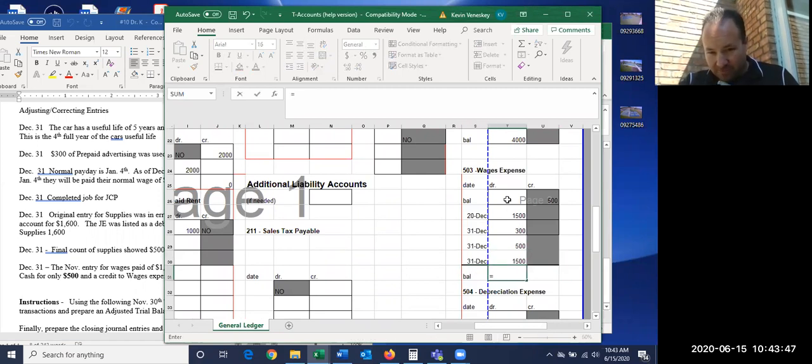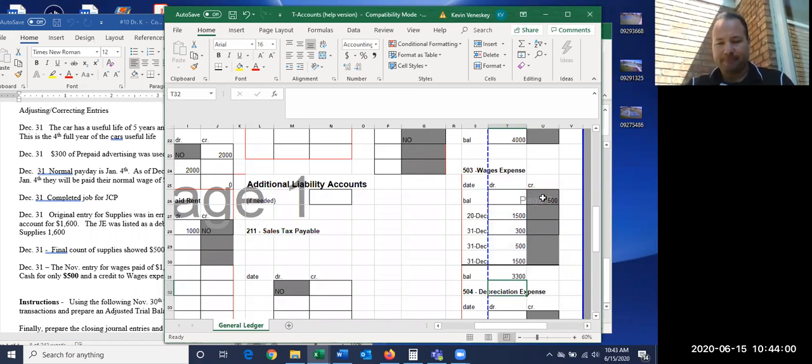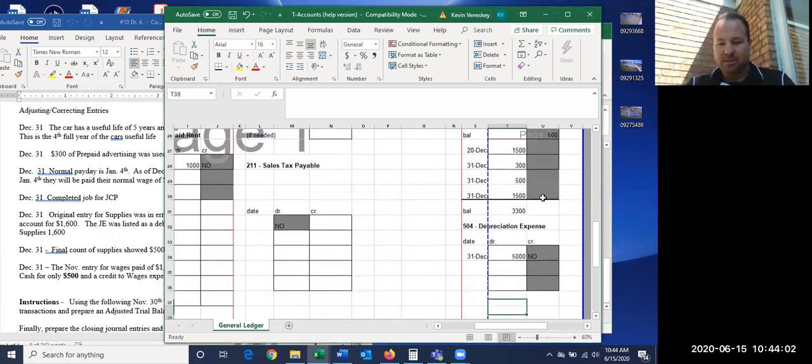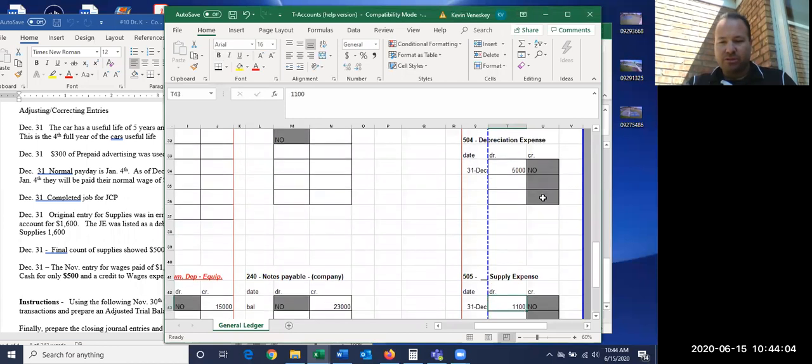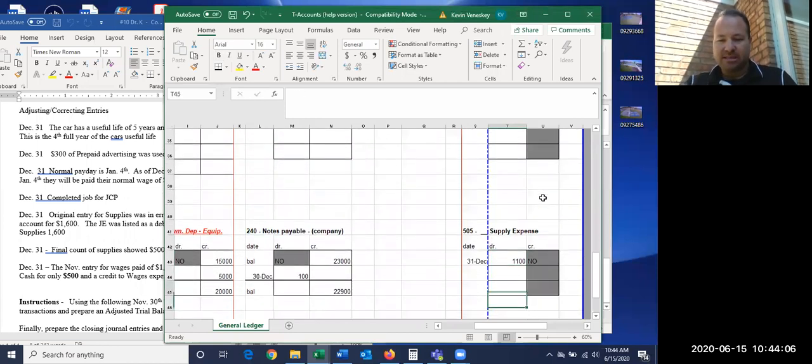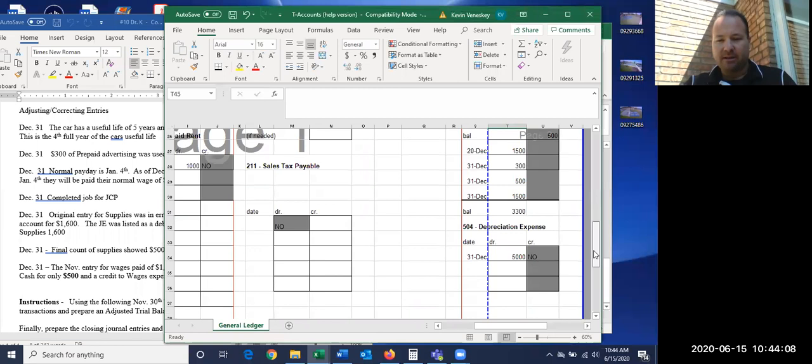So I'm going to total up all of my debits. And then subtract out my credit. Depreciation, that was the only item there. Supplies has the only one item, so no need to balance.